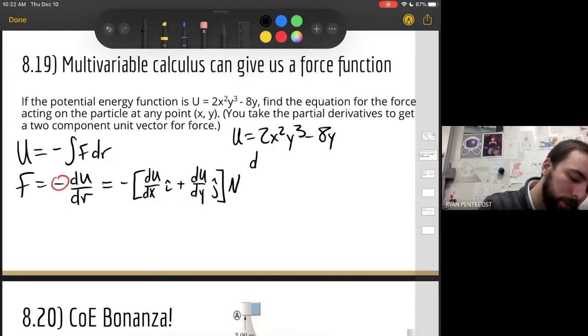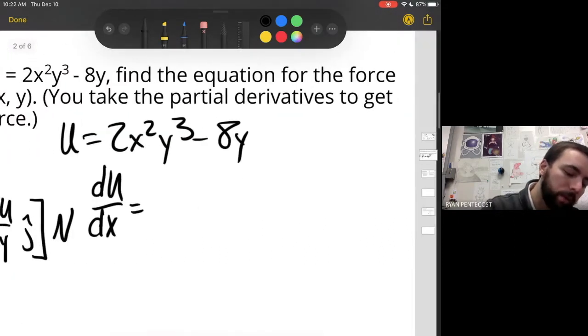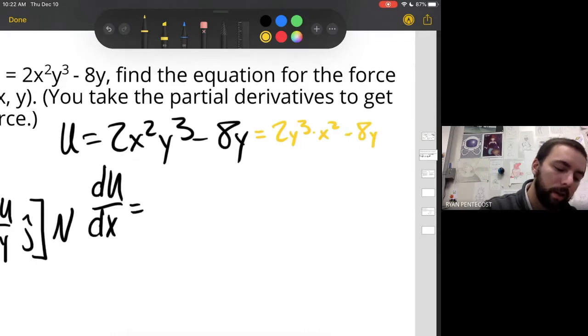So if we went dU dx, what we're essentially doing is, we can rewrite this as 2y cubed times x squared minus 8y. And this is a constant and this is a constant.